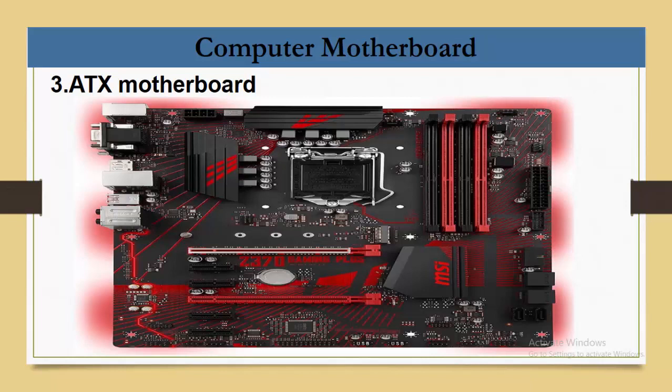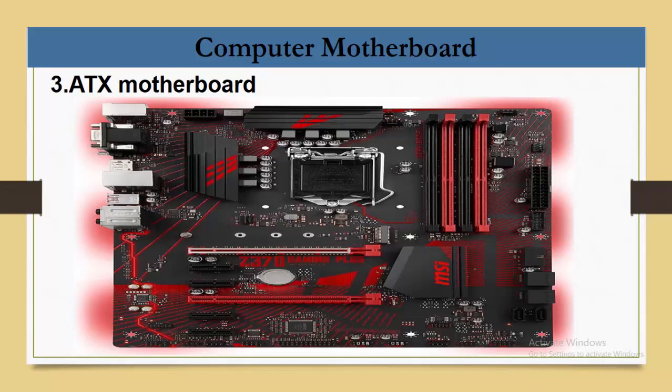An ATX form factor motherboard is good for those who don't have any space problem and have a good size CPU cabinet that takes more space than Micro ATX or mini ATX cases. Also, an ATX motherboard looks better in design.